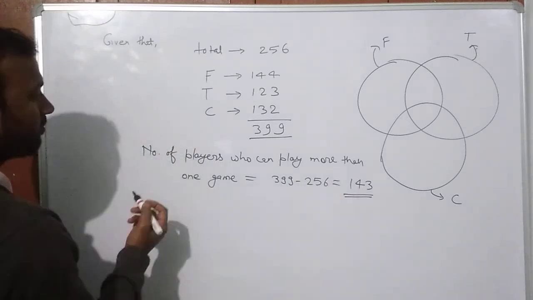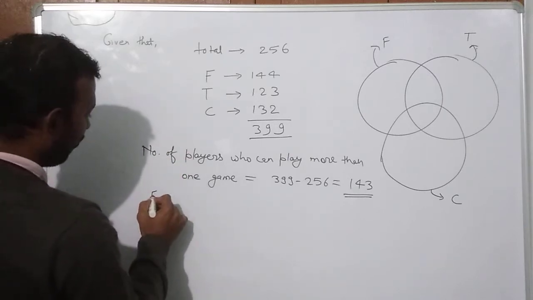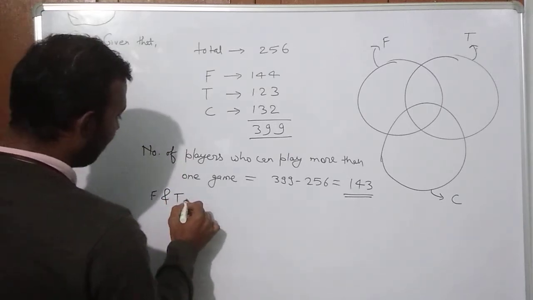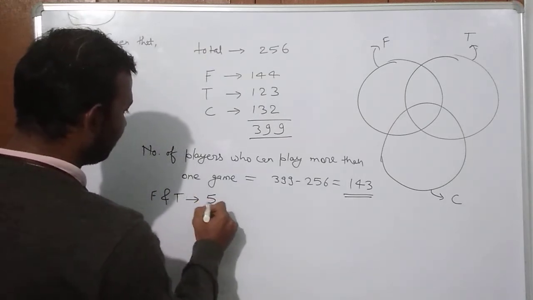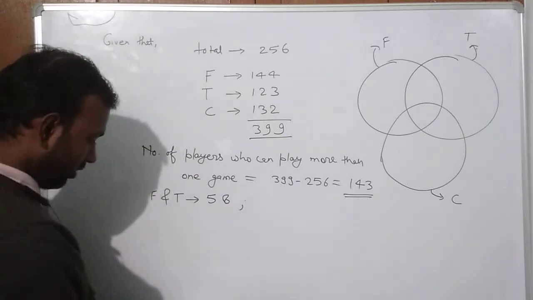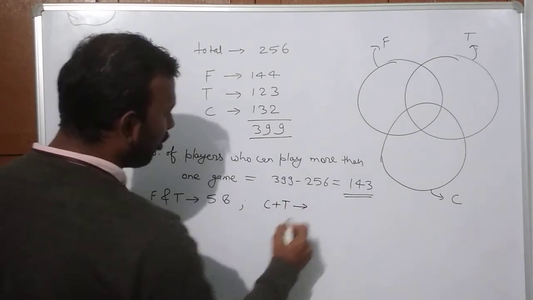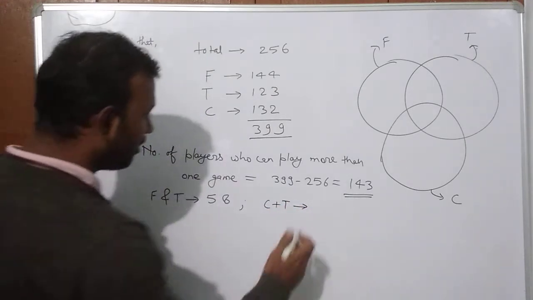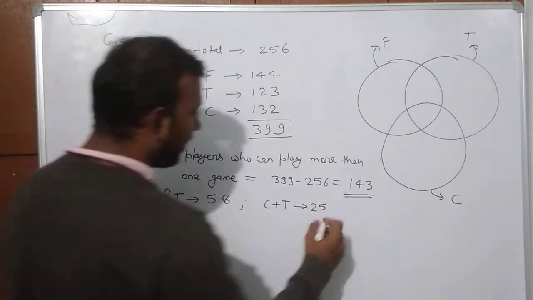Alright. Now, from the question, how many can play football and tennis? The number for football and tennis is 58. Okay. And also cricket plus tennis. How many members can play cricket and tennis? 25. And football plus cricket.